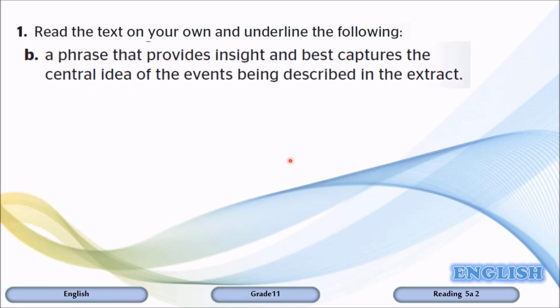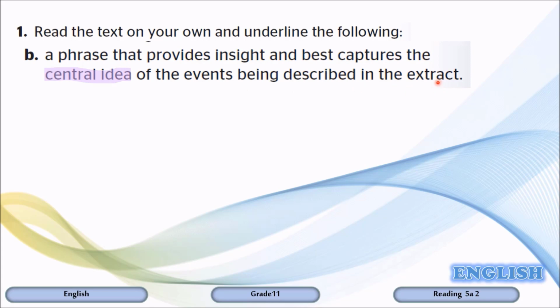Great. Have you done B? Did you find the phrase in the text? Now let's read. A phrase that provides insight and best captures the central idea of the events being described in the extract. One phrase.